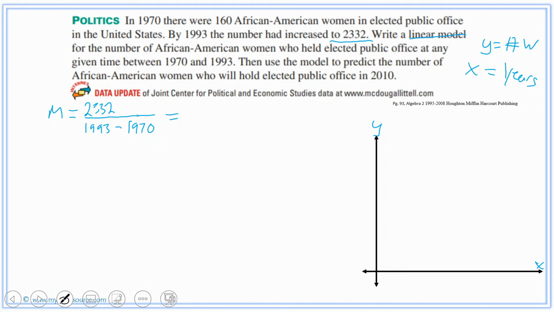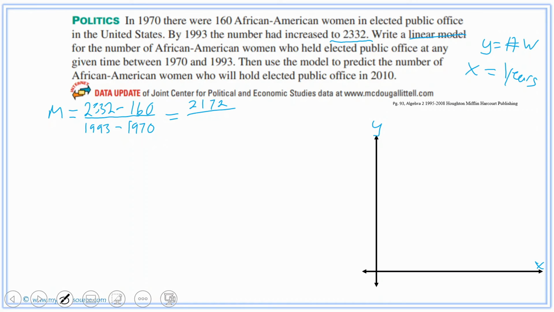All right, so 2,332 subtract 160 will give you the rate of change of African American women that served in office. So for the top one, we have 2,332 subtract 160. That's going to give us 2,172, divided by 1993 subtract 1970.